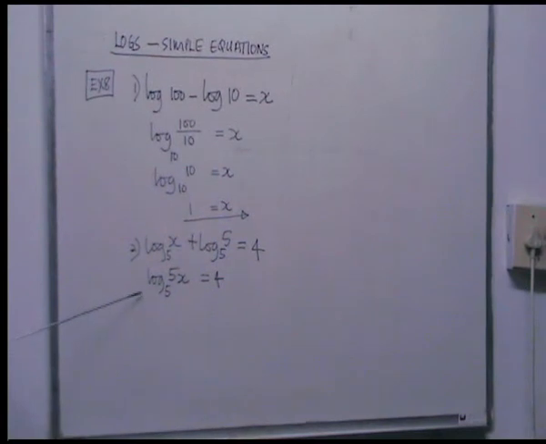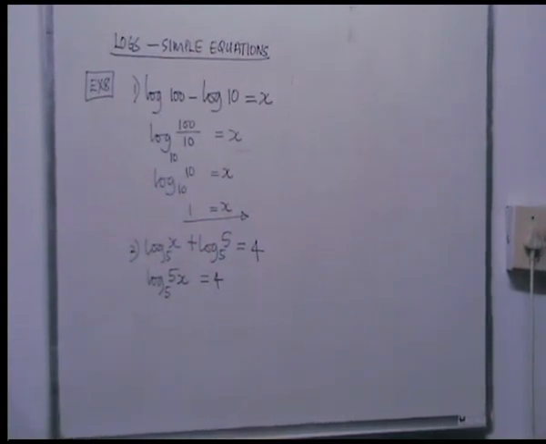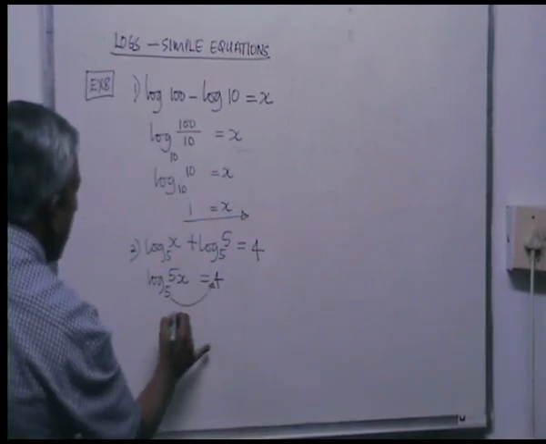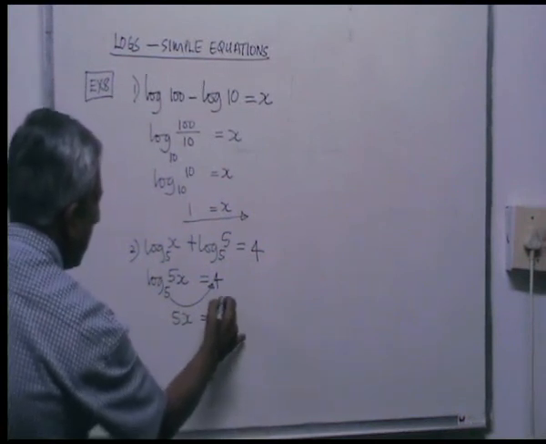And then you said, well, it's log form, let me change it to index form. If I send that there, I'll end up with 5x is equal to 5 to the 4.